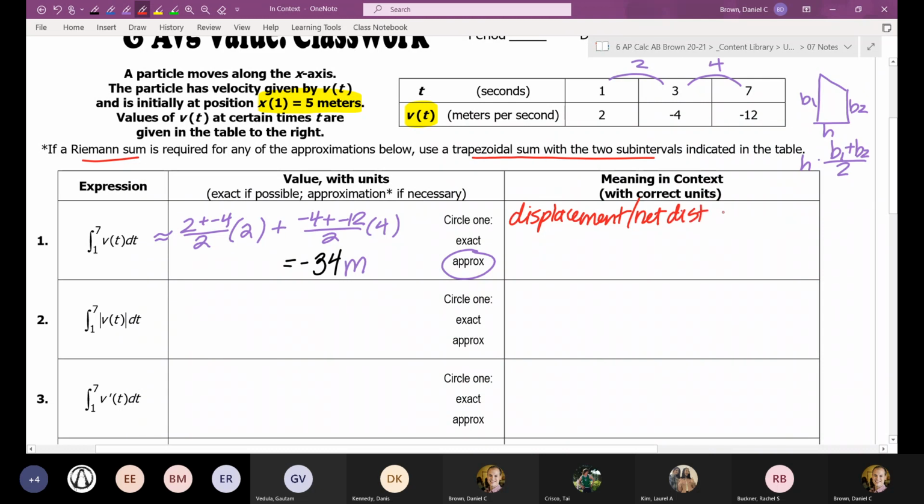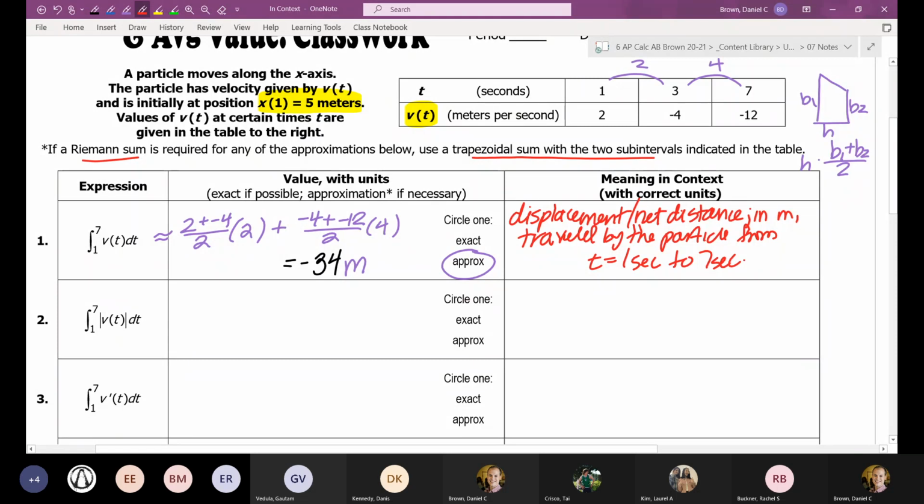Both of those mean the same thing for us in this class. Traveled, or let me put units on there, in meters, which we've already kind of said, traveled by the particle from t is equal to 1 second to 7 seconds.